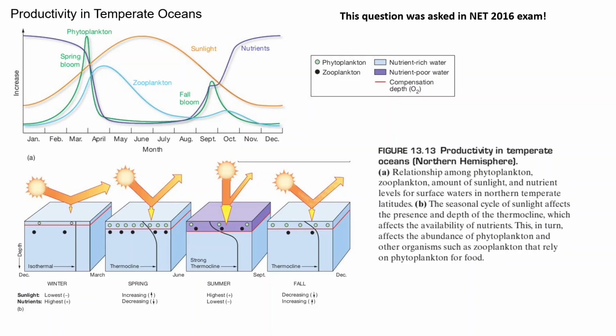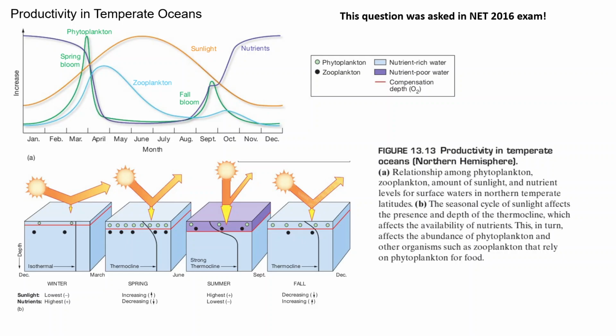This creates a huge demand for nutrients in the euphotic zone, and therefore after the spring season, there is a very sharp decline. So if you see the month of April, there is a very sharp decline in the primary productivity.